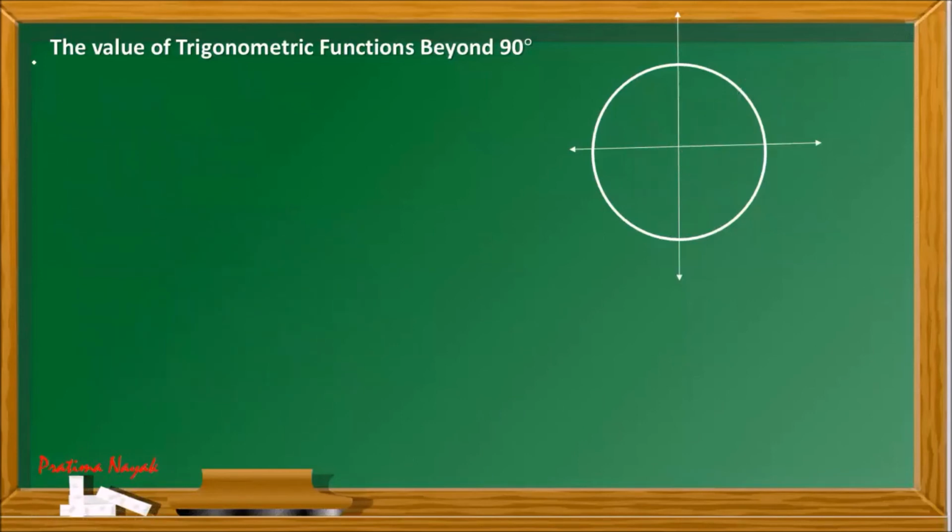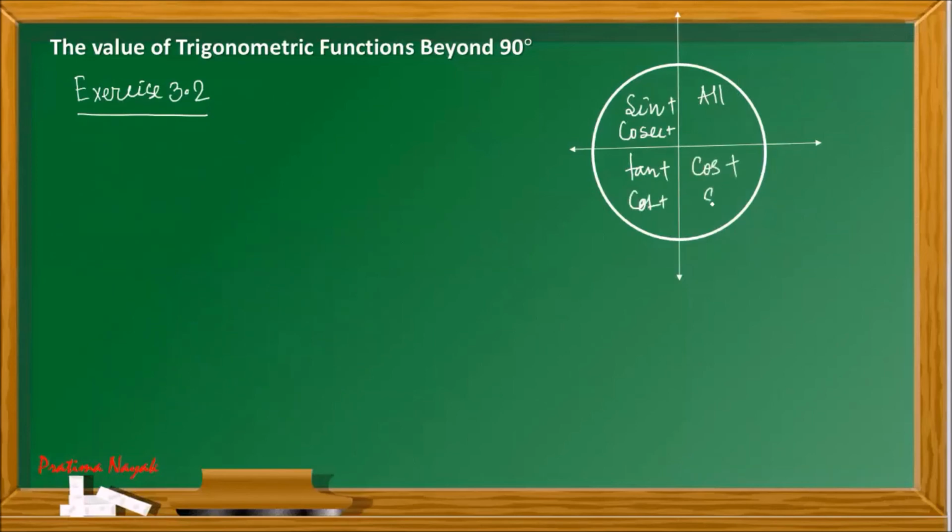So exercise 3.2. This is your all positive: sine positive, cosec positive, tan positive, cot positive, and cos positive, sec positive. Question number 1.